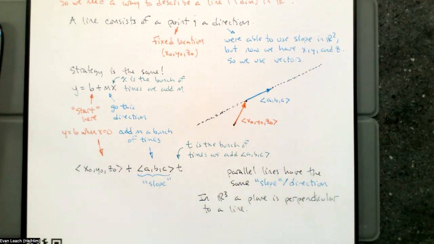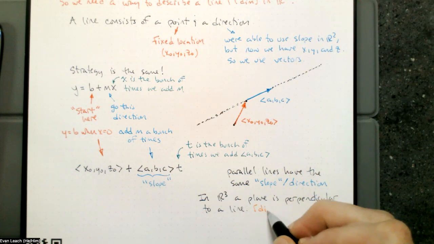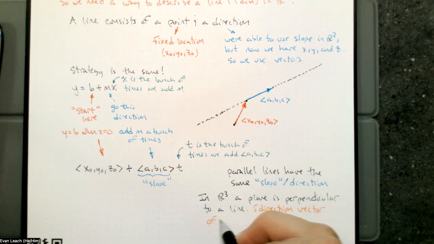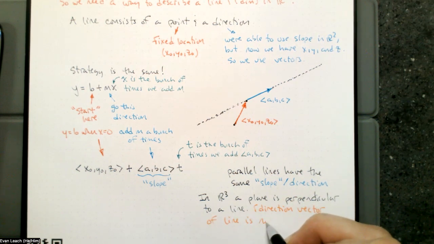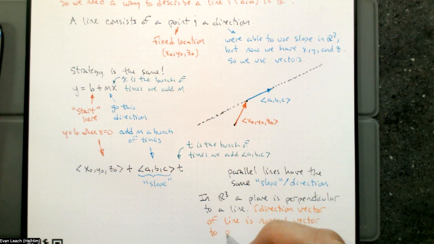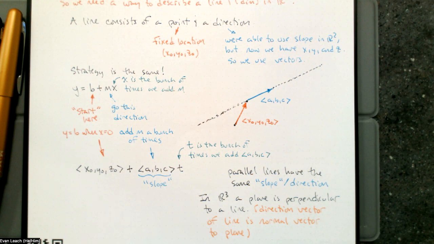This is how we get away with describing a plane with a normal vector. Direction vector of the line is the normal vector to the plane.